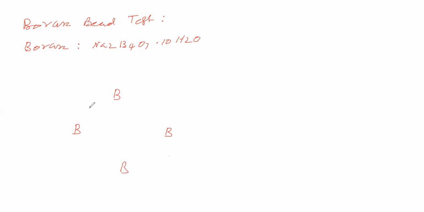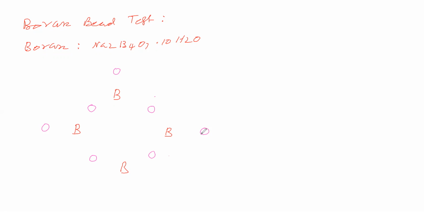Oxygen atoms: one, second, third, fourth, fifth, sixth, seventh. So we have written 7 oxygens.